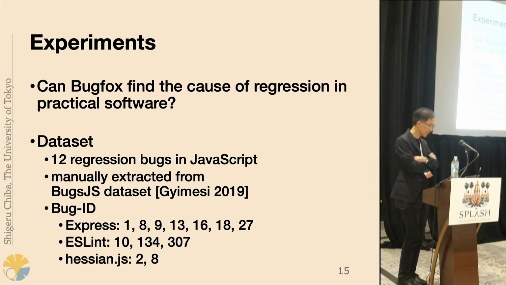It's a nice database, but it includes many kinds of bugs, not only regression. So the second author manually checked the BugsJS dataset and found 12 regression bugs in this dataset.